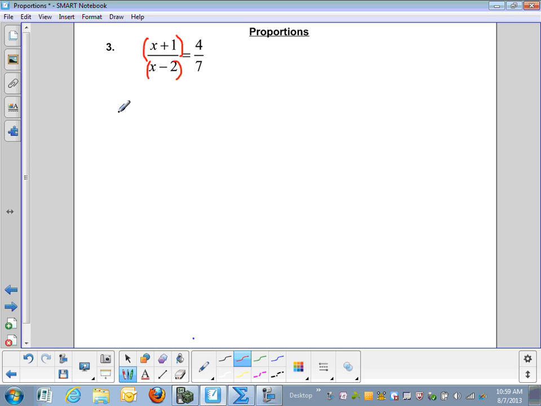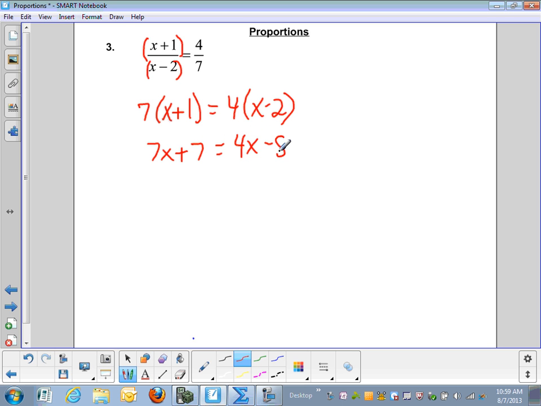And then we'll cross multiply. 7 times the quantity x plus 1 equals 4 times the quantity x minus 2. Go ahead and distribute. So we have 7x plus 7 equals 4x minus 8.